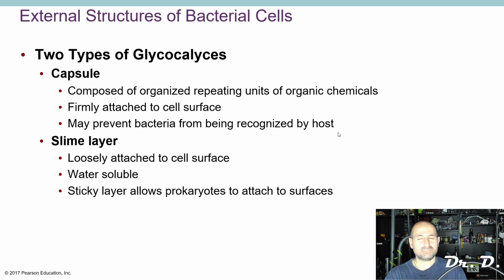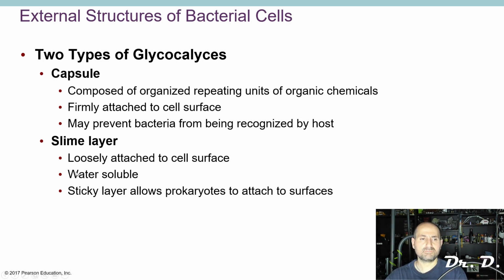This sugary, proteinaceous stuff that's around the cell. Well, that could make it harder for your white blood cells to identify the bacteria as a foreign invader, right? What do your white blood cells do in your body? They recognize foreign invaders and rid them from your system, right? Well, if the bacteria has a capsule, that can effectively cloak the bacteria from your immune system, and make it harder for your immune system to fight off that particular bacteria.